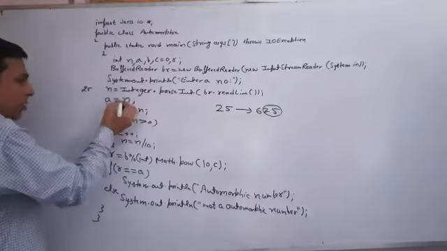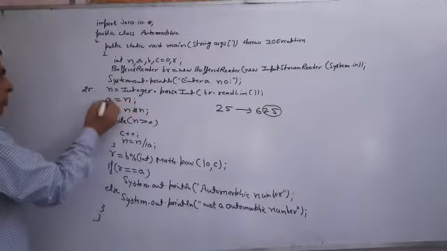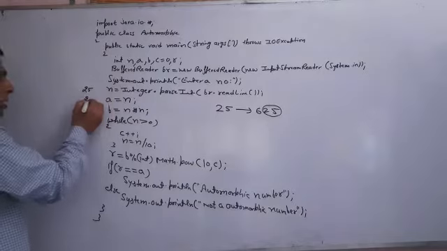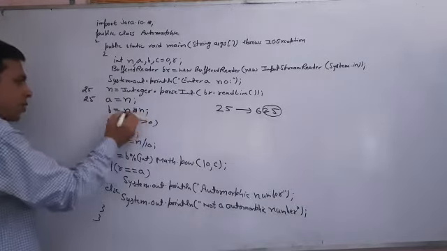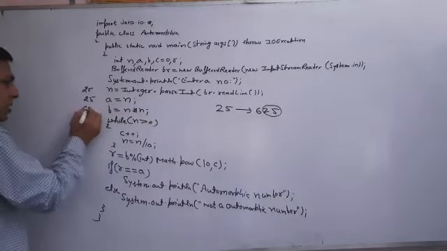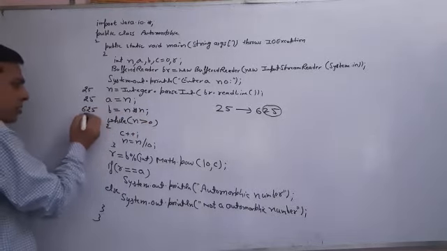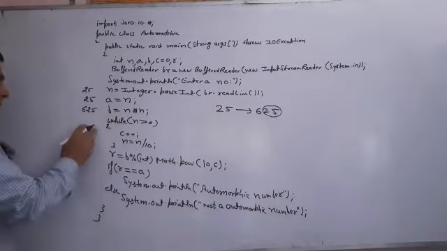Next line, we are taking a duplicate copy of this n in variable a, 25. Then n into n, in this line we are finding the square of the number, 625, and we store the square in variable b.